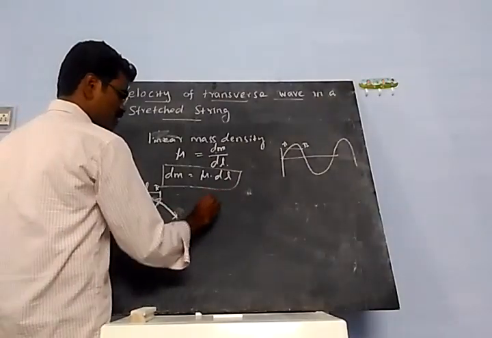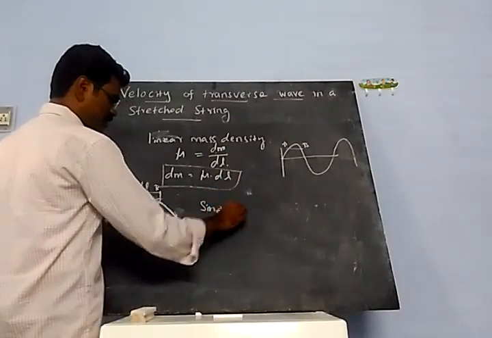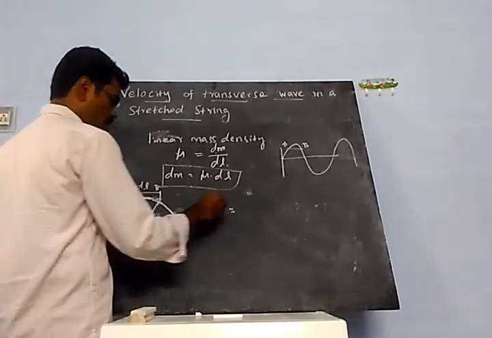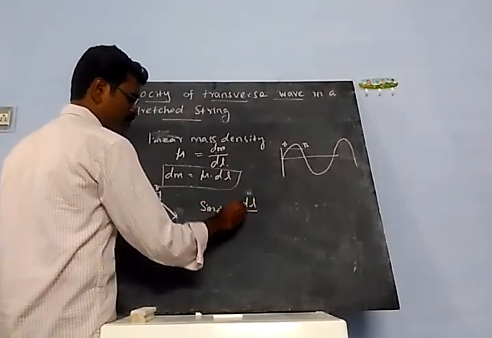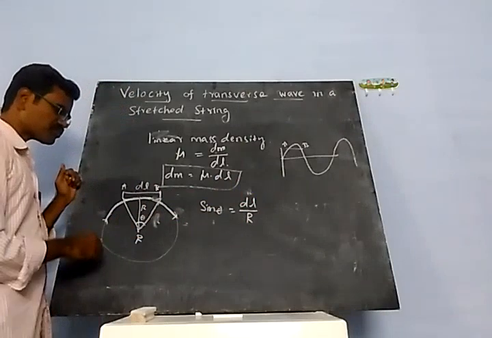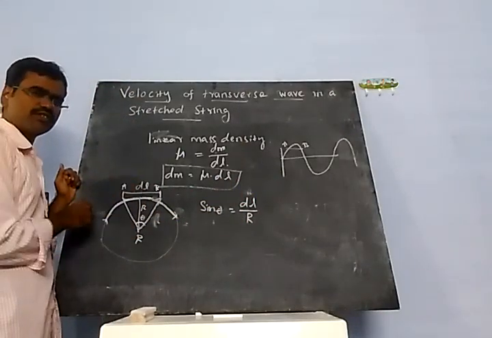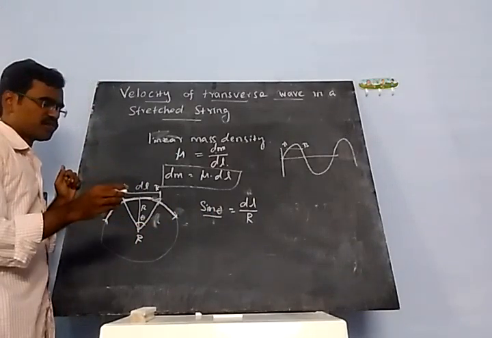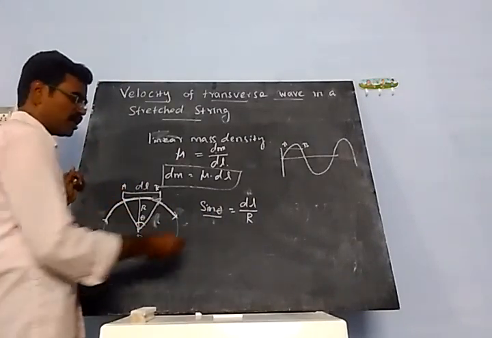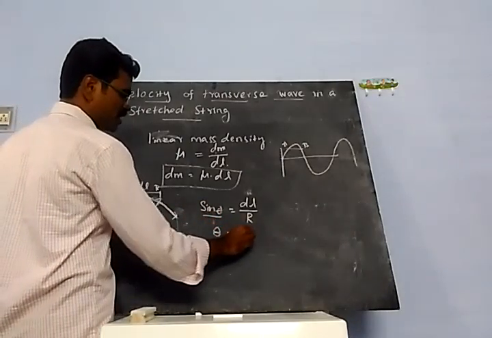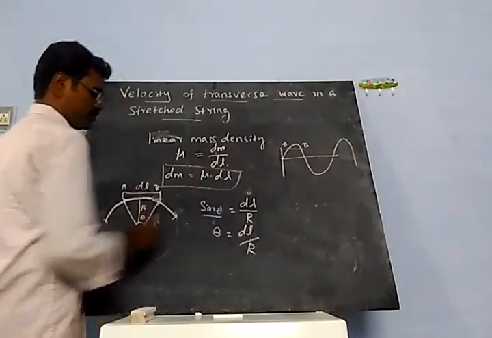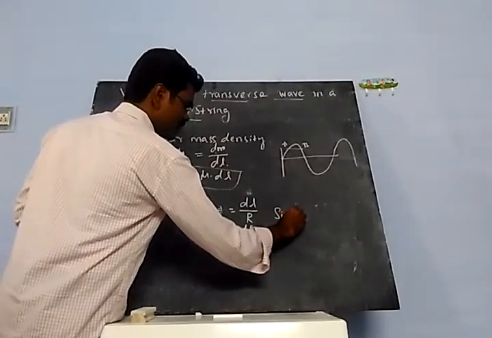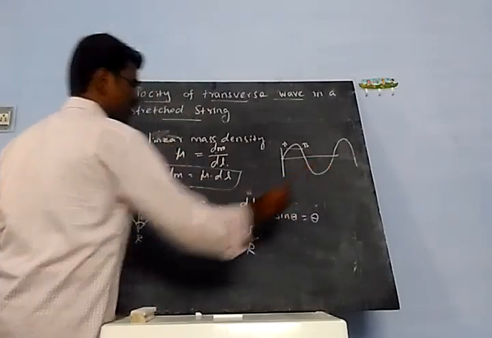Sin theta is equal to opposite side by hypotenuse, so sin theta is equal to dl by R. Here theta is very small, so sin theta is equal to theta.